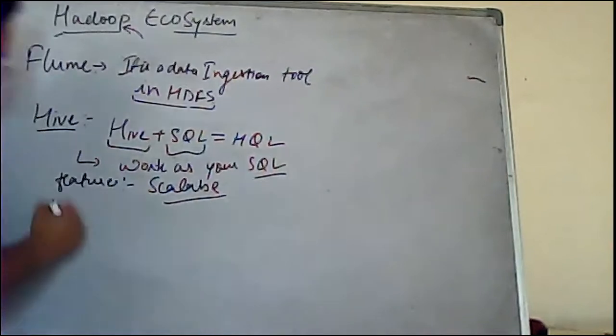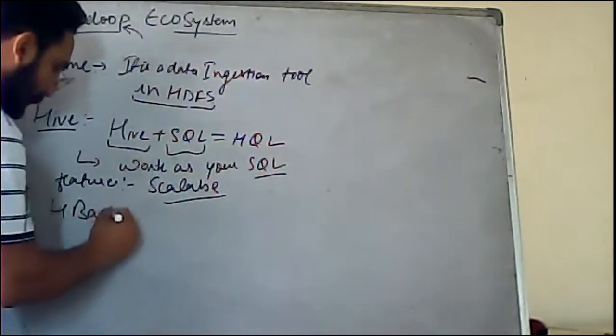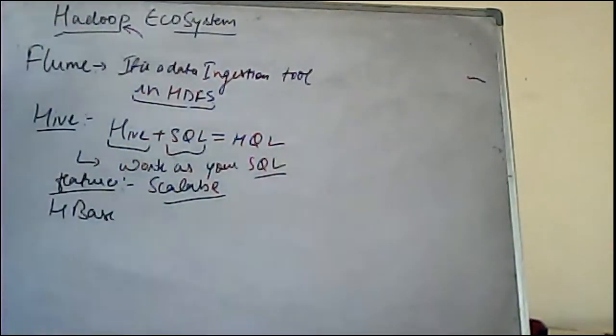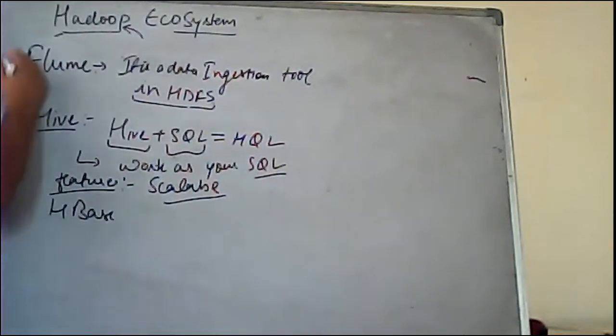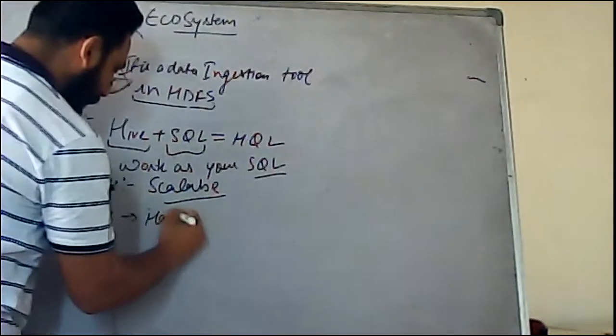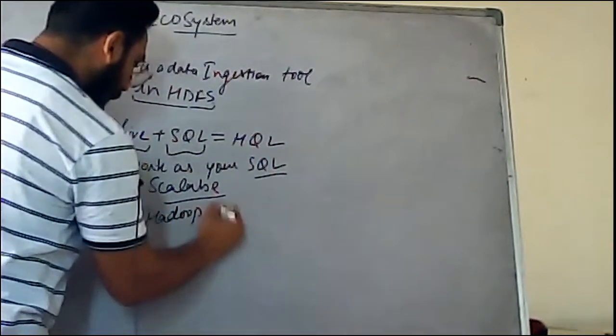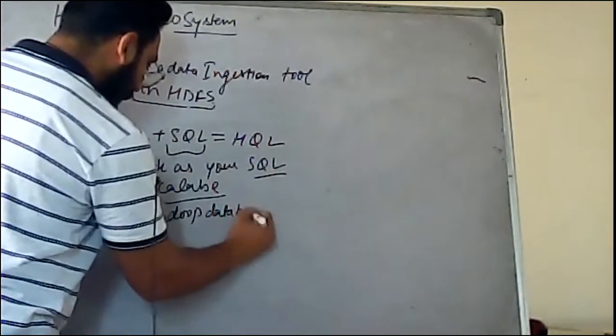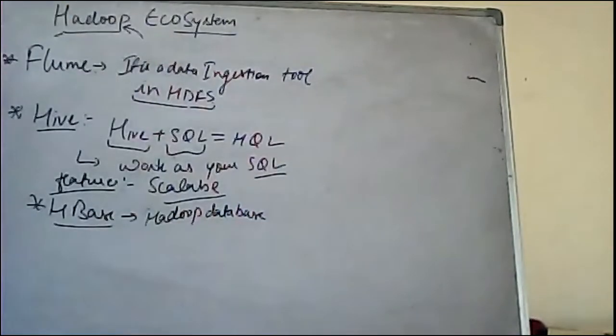Okay. Then there is HBase. The next tool is your HBase. That is Hadoop database. Okay, in your Hadoop database, it is designed to provide quick random access to a huge amount of data.